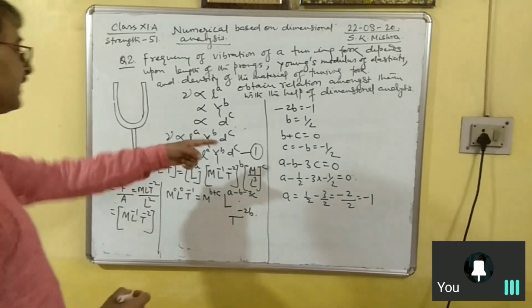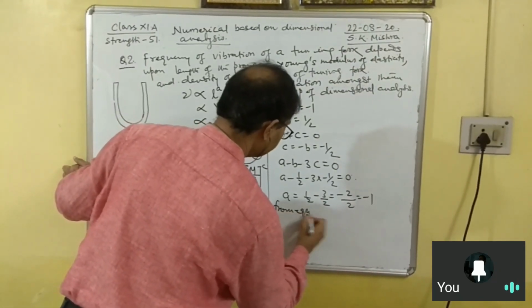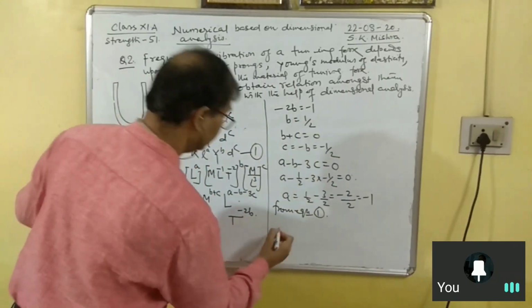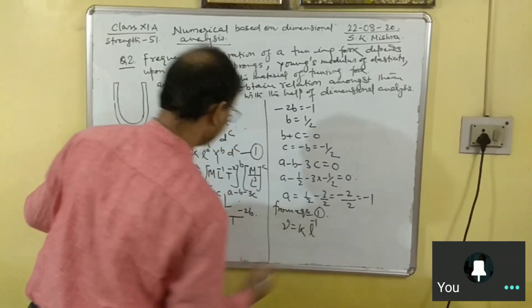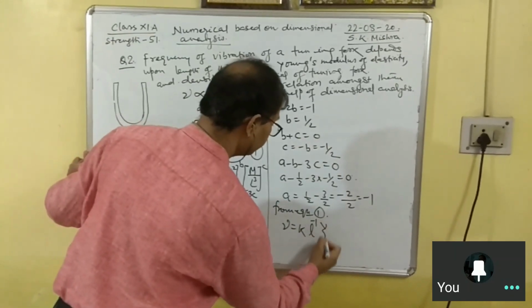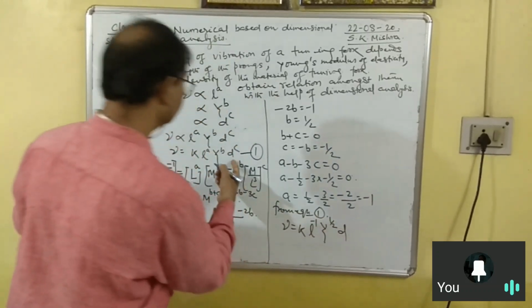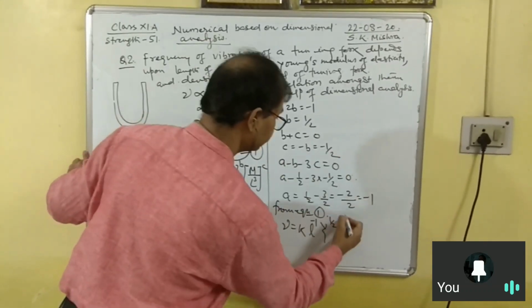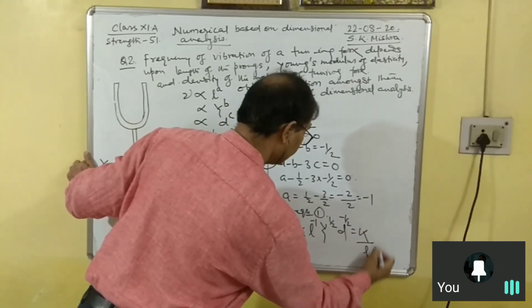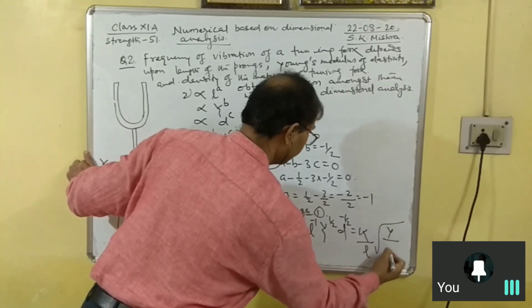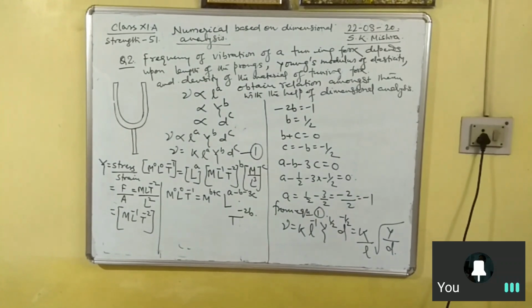Now from equation 1, what you get? Nu equals K L raised to A, then Y raised to B, Y means half, and then D raised to C, C means minus half. So the final result is K by L under root Y by D. Y for Young's modulus, D for density.